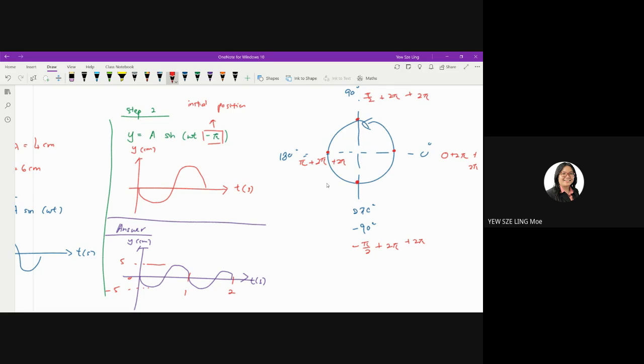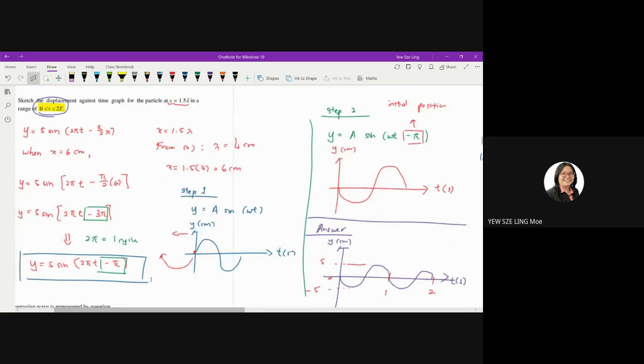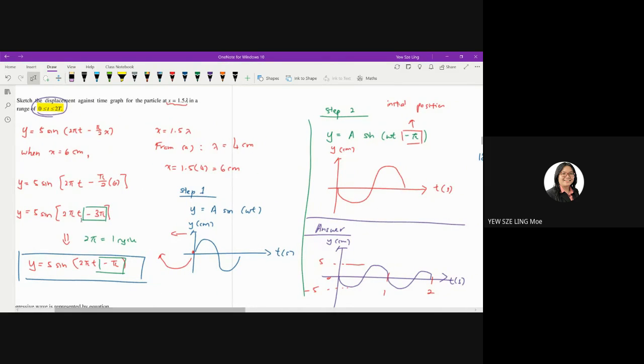Because it's a periodic motion, it keeps repeating the same angle over and over again. So if you have 3 pi or 5 pi, you can simplify it to pi. If you have 2 pi or 4 pi, you can take it as 0 because they are located at the same position. So whether you want to change it or not is up to you.